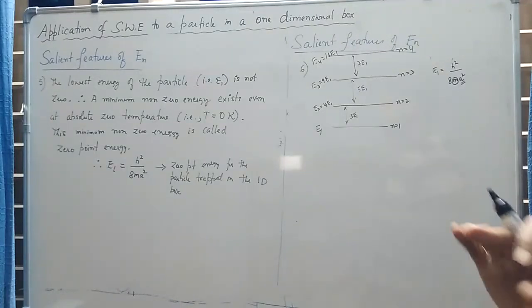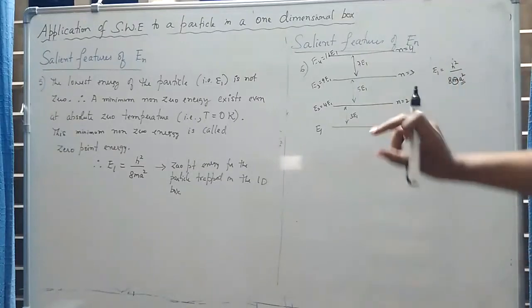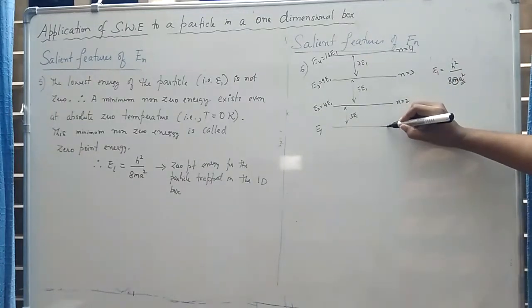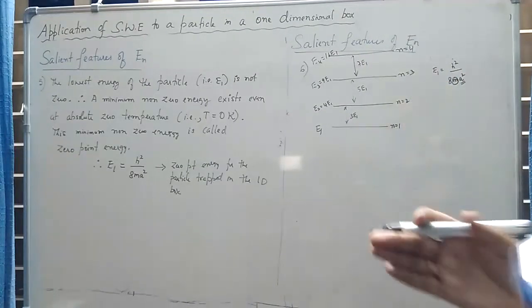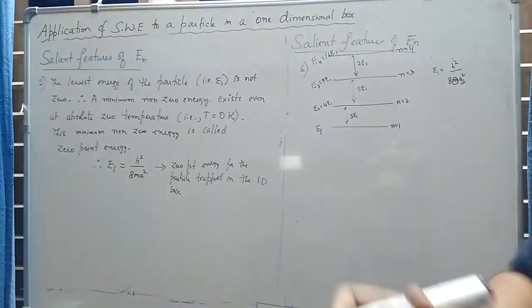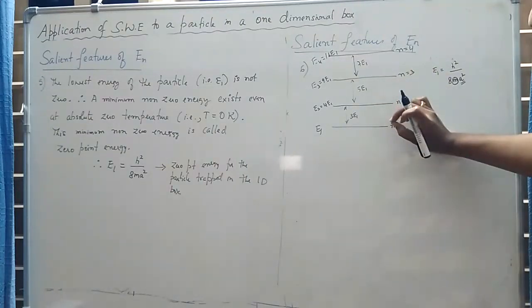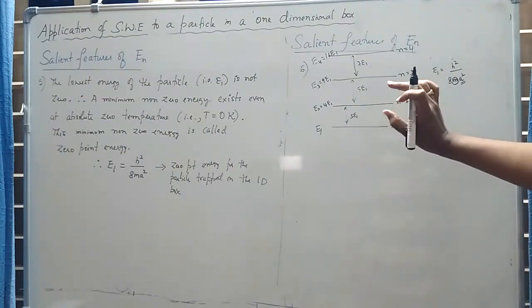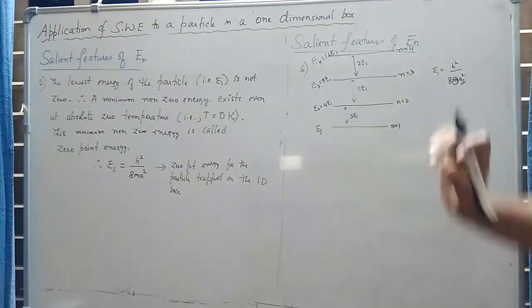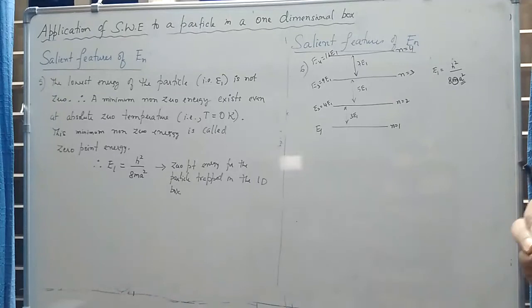What does it mean? It means that this E1, 5E1, 7E1 are very large values. So you can differentiate one energy level from the other energy level clearly, because the separation between these two energy levels is very large, because E1 is also very large. So you can clearly distinguish the separation of one energy level from another energy level. It is nothing but the principle of quantization of energy.